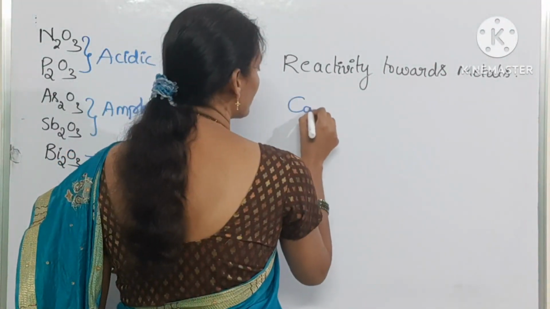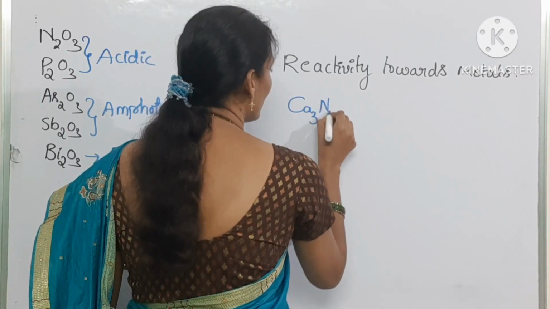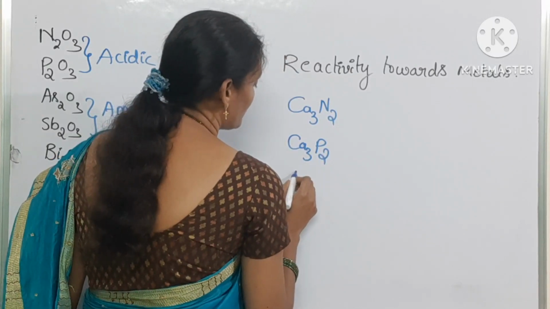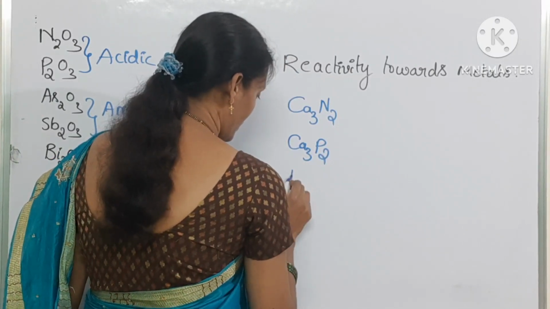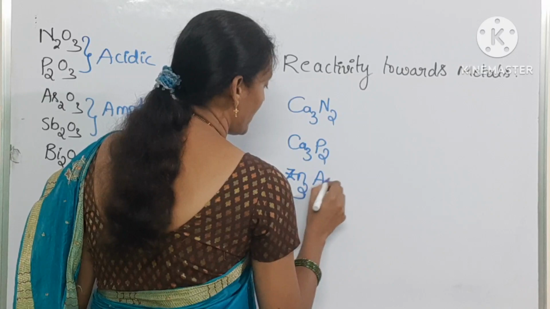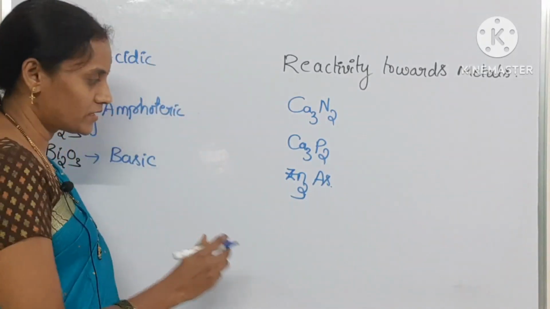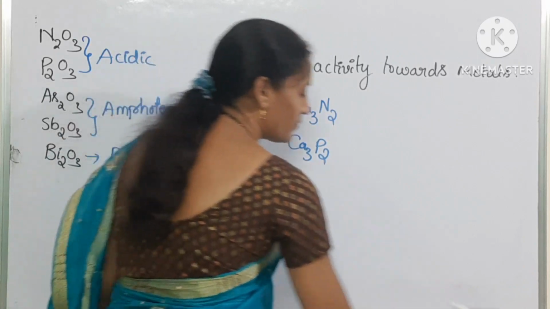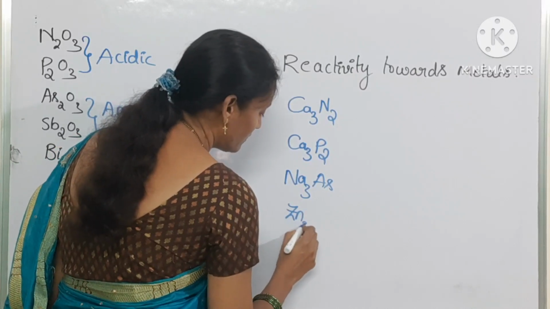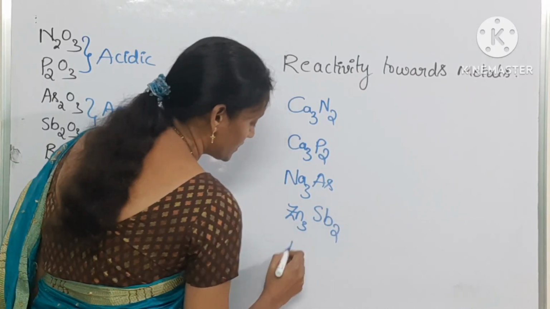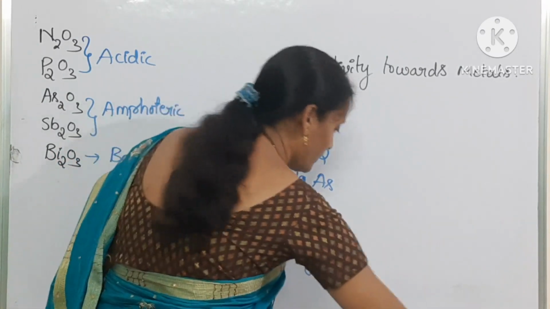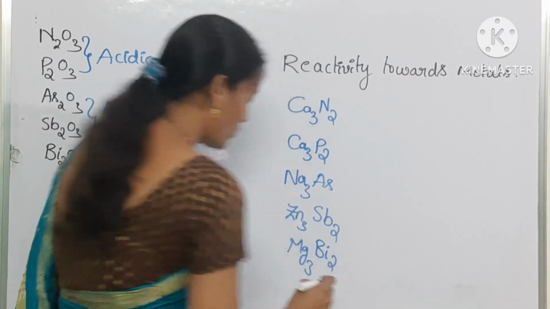A few binary compounds you can see: Ca3N2, Ca3P2, Na3As, Zn3Sb2, Mg3Bi2.